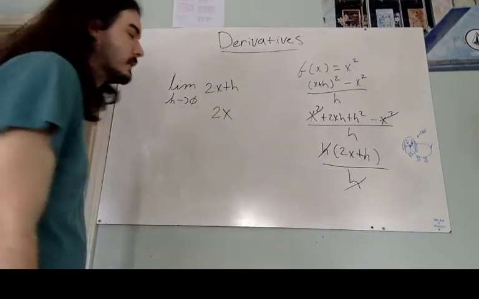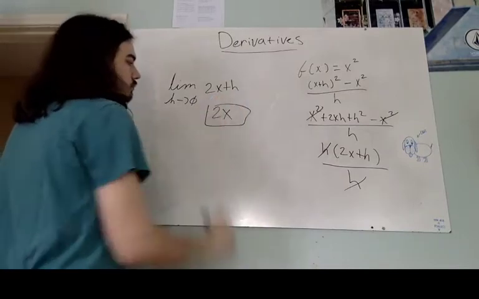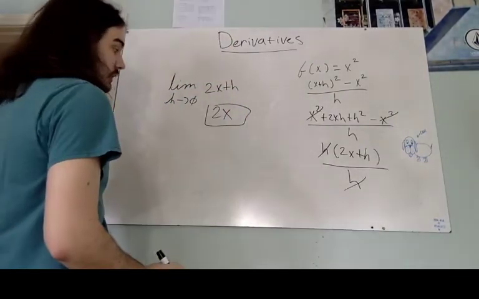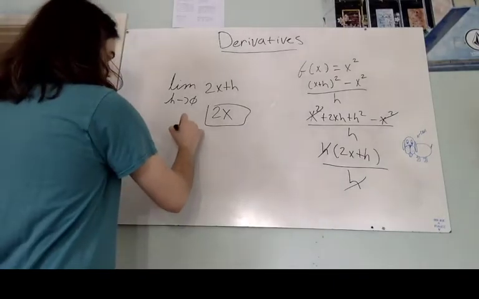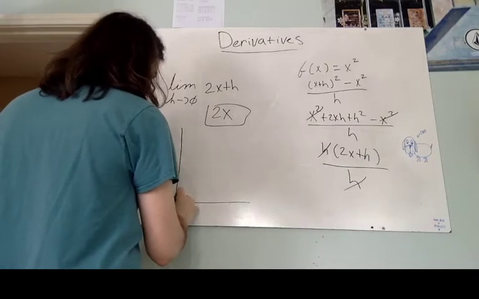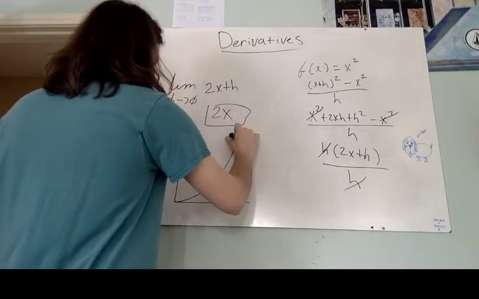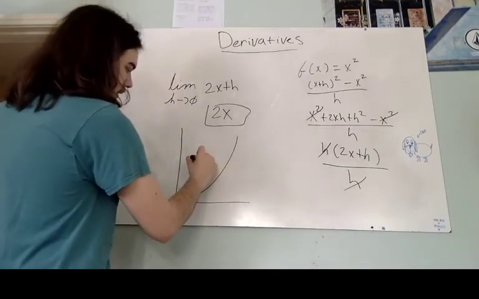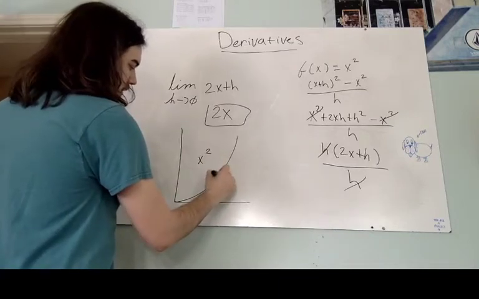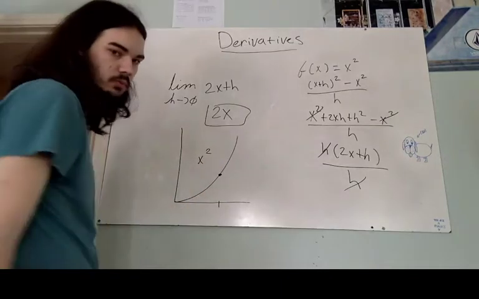Okay? So what that tells me now, how I can use that information, is I can go, okay, let's say this is not going to be a perfect graph, but it'll get the idea across. So let's say I have x squared, and I want to know my slope at 2.